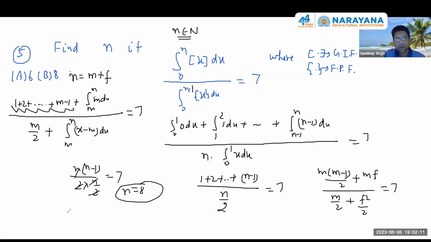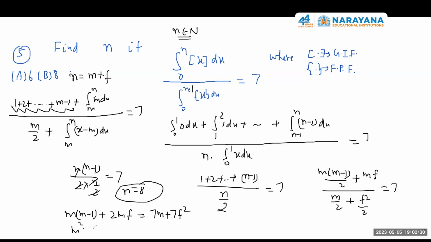Then this would have become an equation of this type: m minus 1 plus 2mf equal to 7m plus 7f square. Correct? Yes, sir.